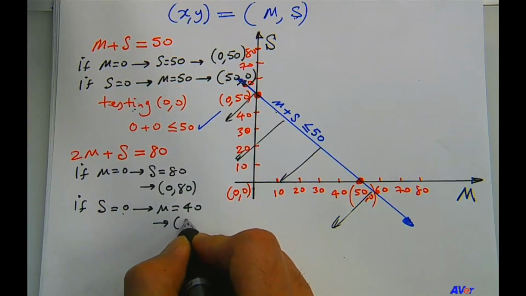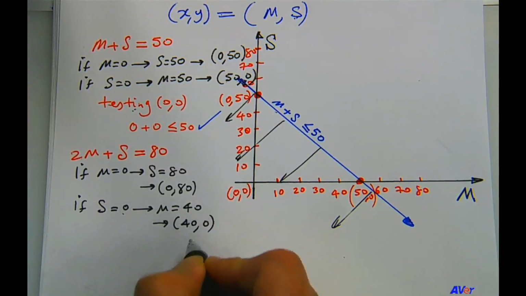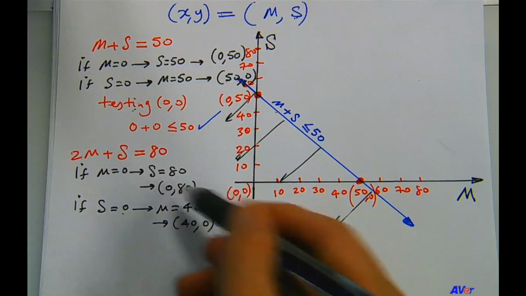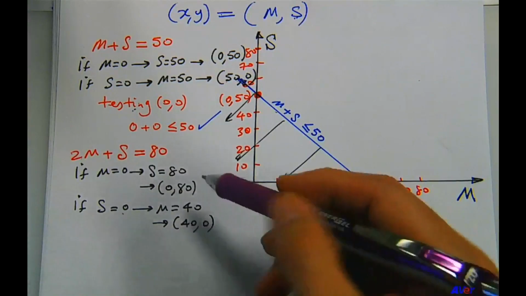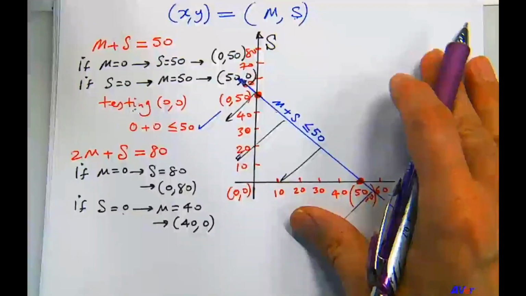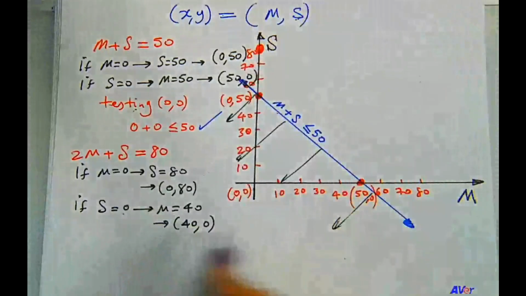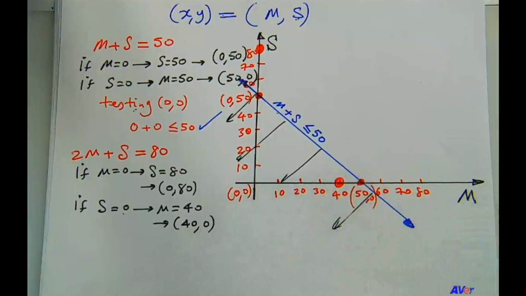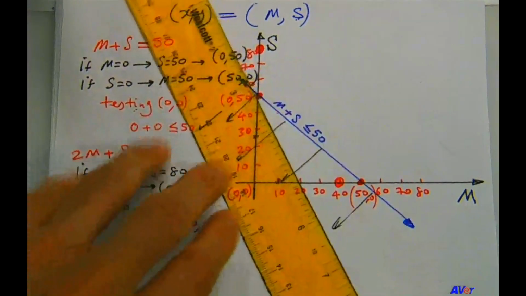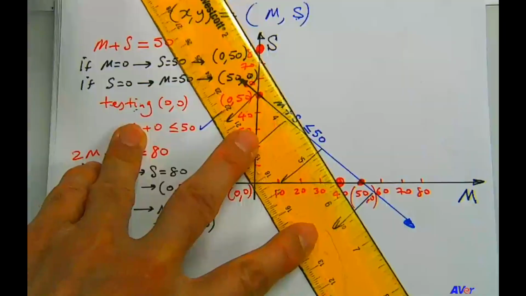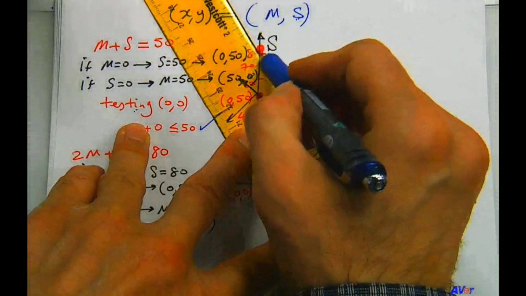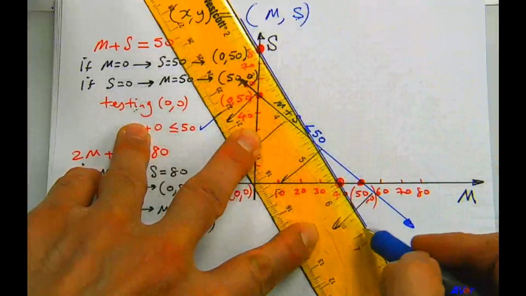So the x-intercept is 40 comma 0. Let's plot these 2 points. 0 comma 80 would be way up here. 40 comma 0 would be here. And once again, we can connect these with a solid line, like that.